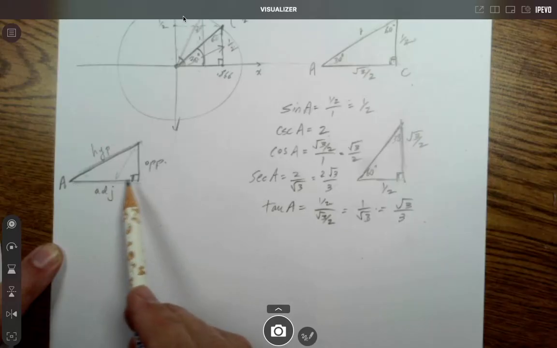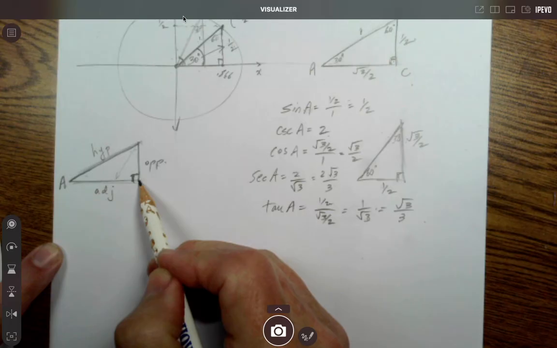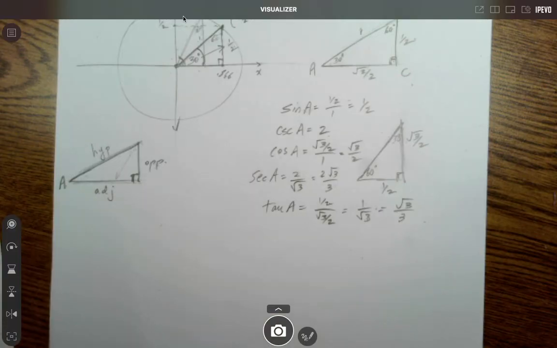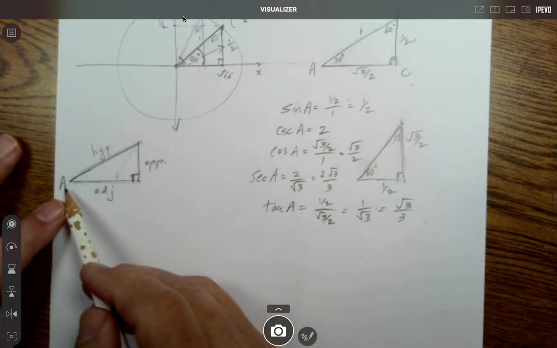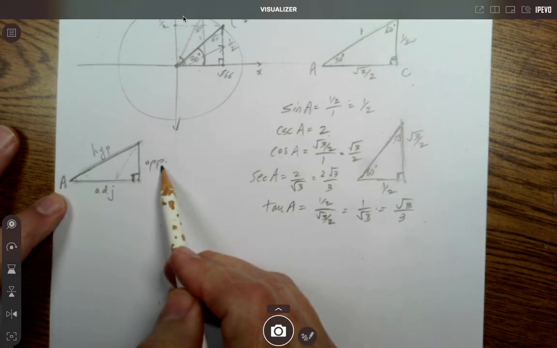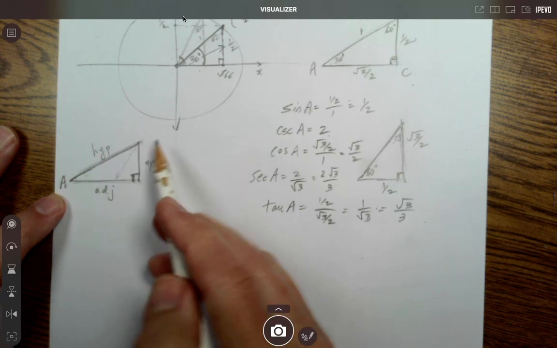And we never take a trig function of the right angle itself. It's always one of the two complementary angles that we use. So if we're referring to this particular angle, then this side is called opposite, this side is called adjacent, and obviously that's the hypotenuse.